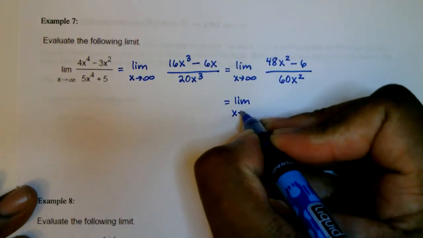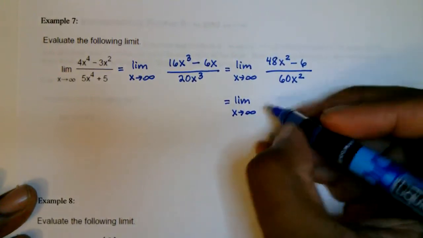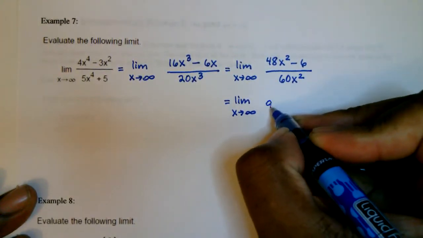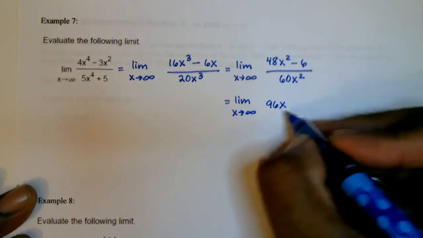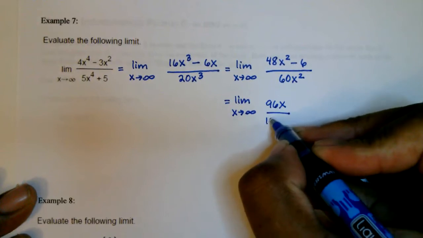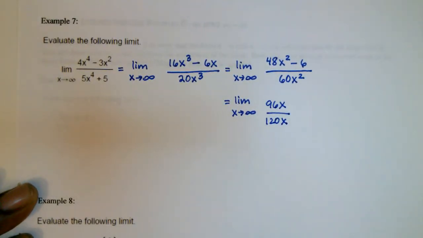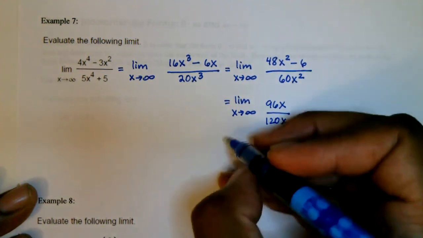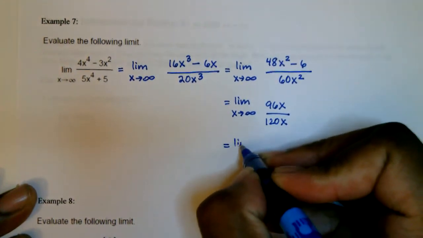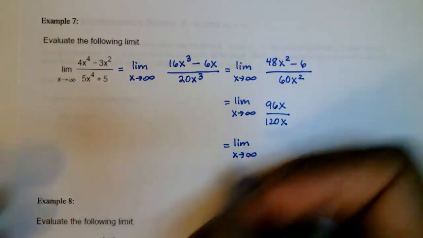So I'm going to bring down the limit as x approaches infinity of the derivative of 48x squared minus 6, which will be 96x, divided by the derivative of 60x squared, which will be 120x. I'm still going to bring down the limit as x approaches infinity.